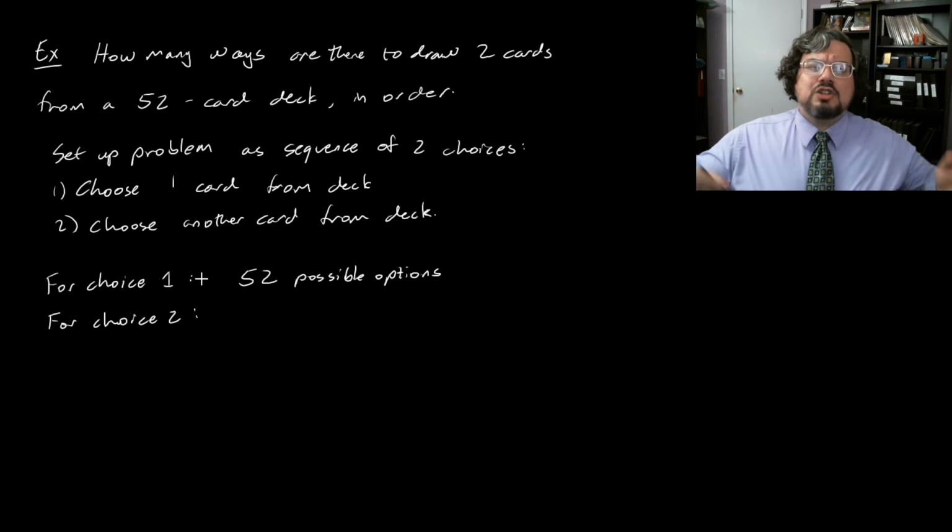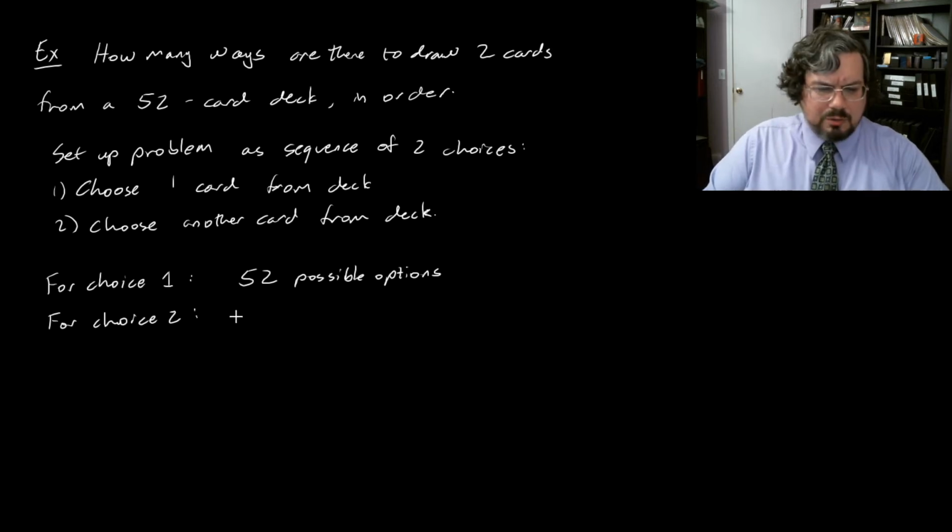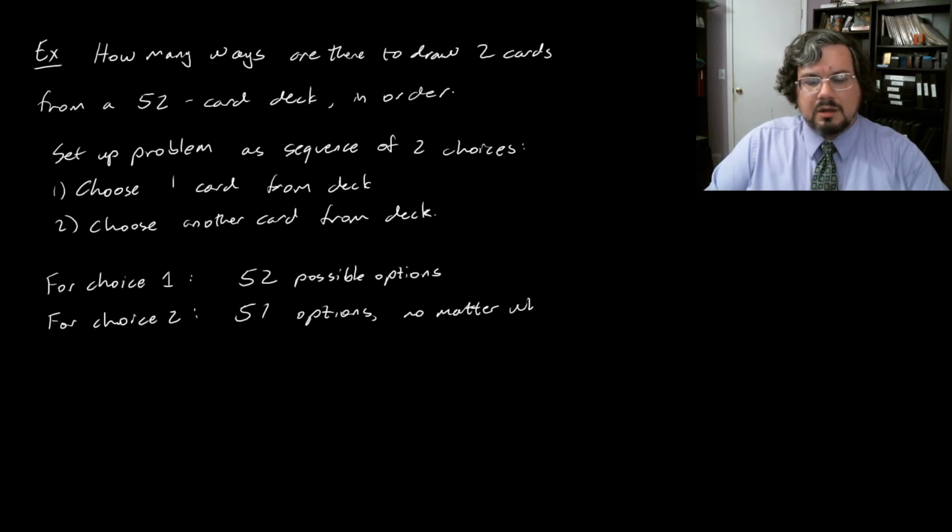And so the exact options that are possible for your second draw depend on what your first one was. However, essentially, the number of options doesn't change. So if you draw one card, you have 52 different options. And then when you go to draw your next card, you will have 51 options, no matter what card you drew in step 1.